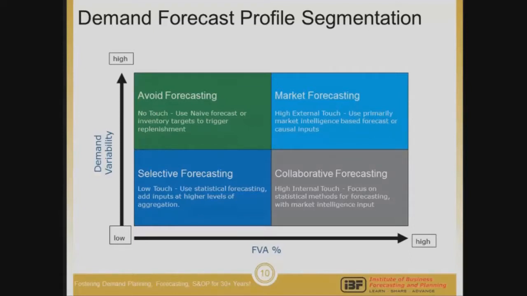From here, I can then determine how to allocate my time, how to allocate the resources, and how I can look at these different segments of products and forecasts and get more return on my time and investment into certain segments of my items from a forecasting perspective.